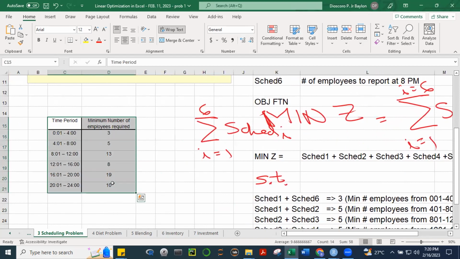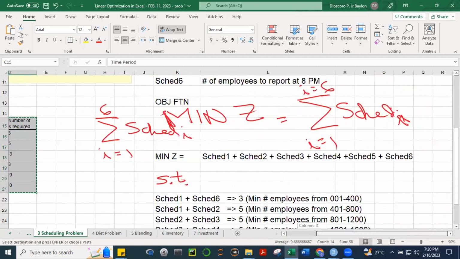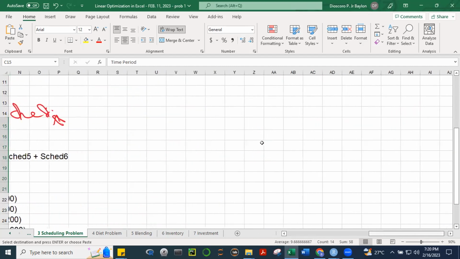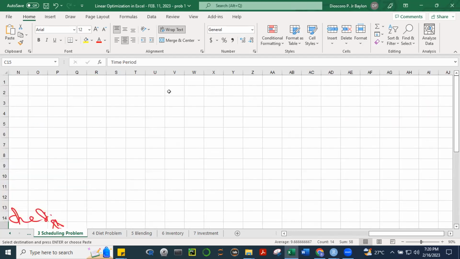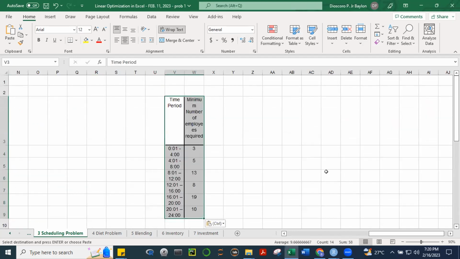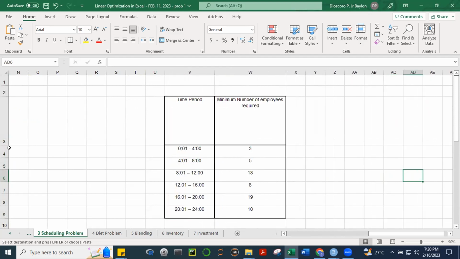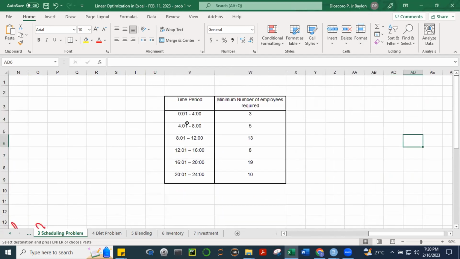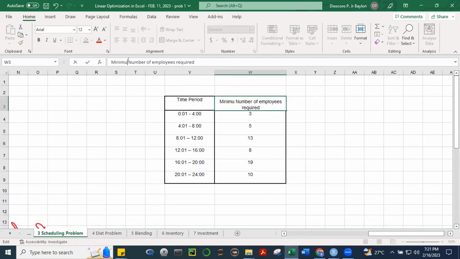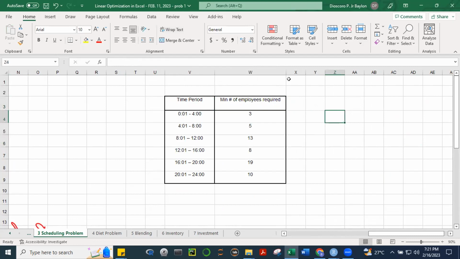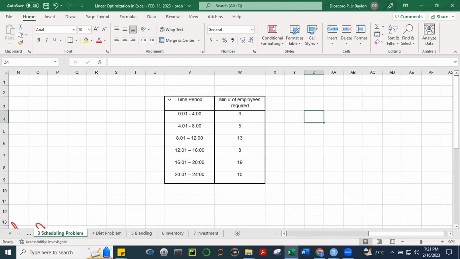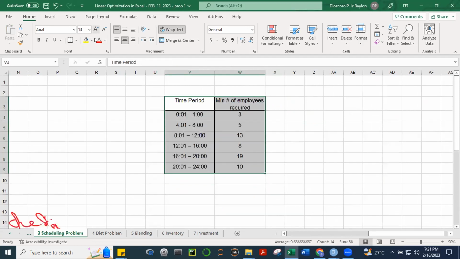So there are different ways to do this, and what I'm going to do now is just copy this, Control C, and then put it up here somewhere, Control V. Let me abbreviate this a bit. Minimum number of employees required. Then let me increase the size a bit.